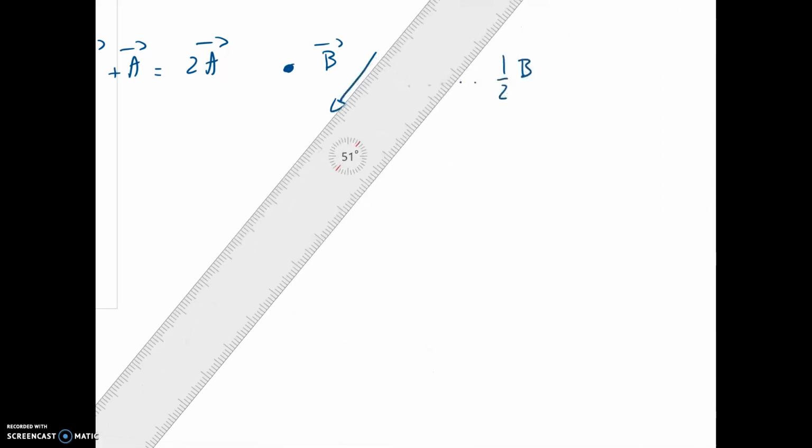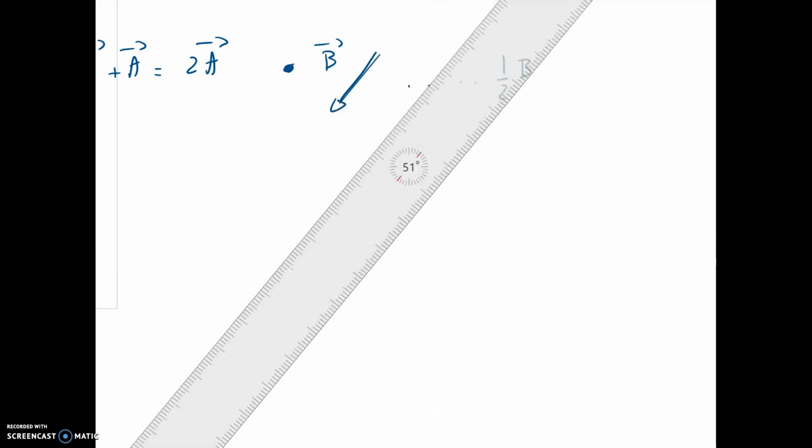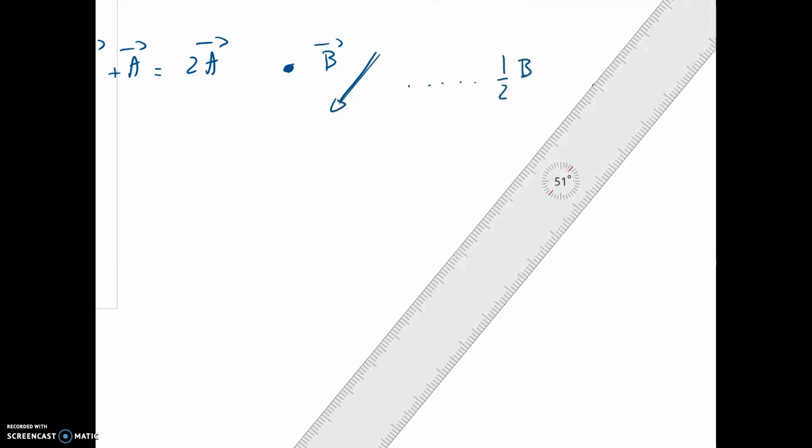And right there, it's about a vector. Let's try to do this vector a little bit better. It seems to be 2 centimeters. So there we go.